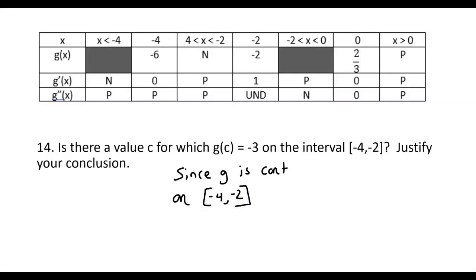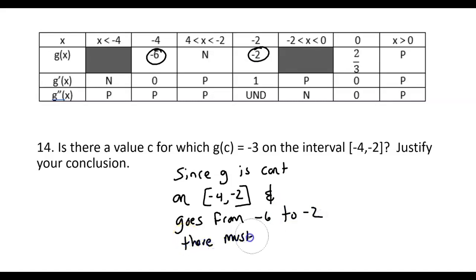It says g is continuous on negative 4 to negative 2 and goes from the y value negative 6 to negative 2, there must be some value c such that g of c equals negative 3. That's how you write your answer.